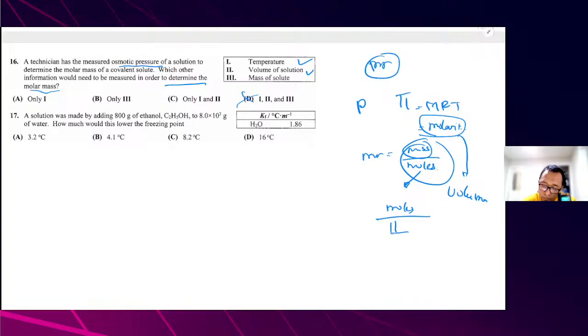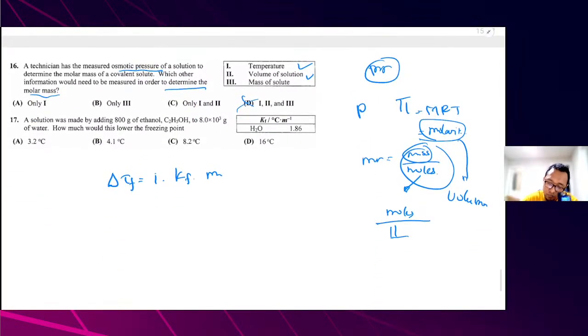So the freezing point: delta TF equals i KF times molarity.